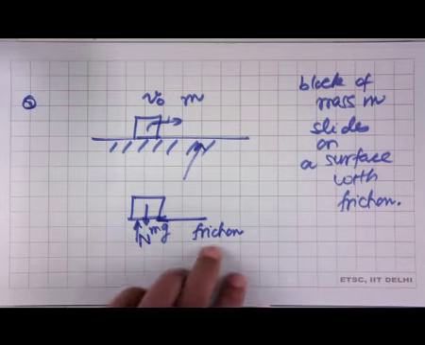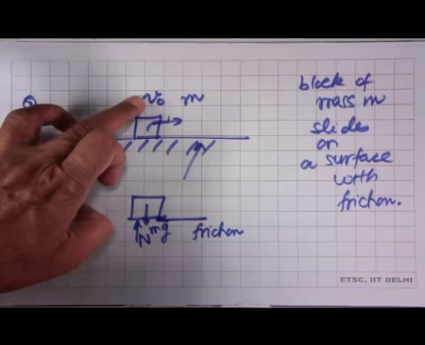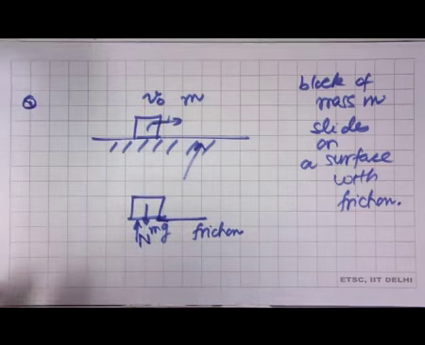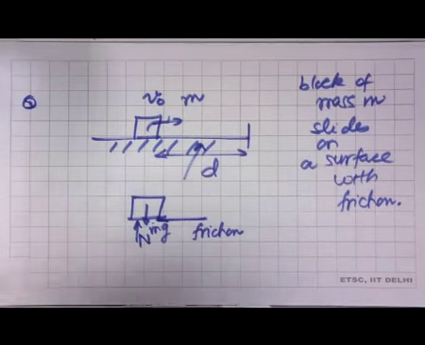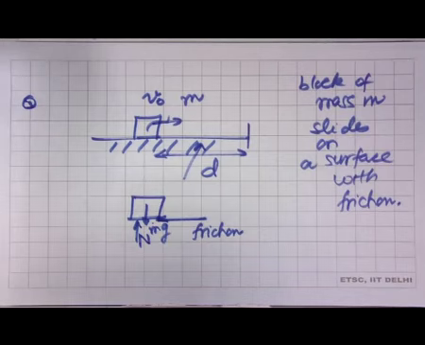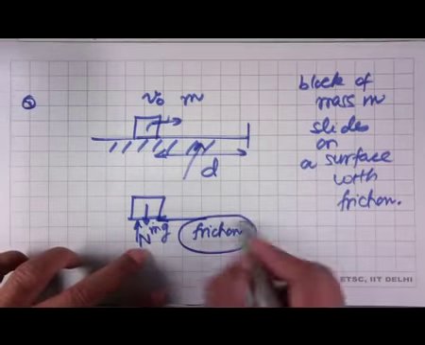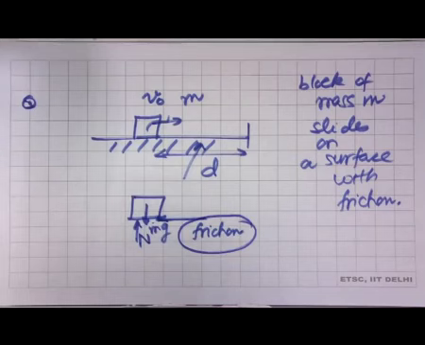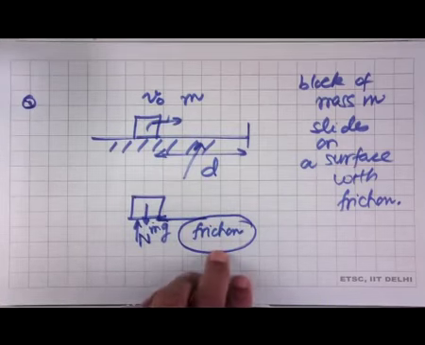Because of this force of friction, the velocity v0 will start going down, and eventually the block will stop, let us say after moving a distance d, and it comes to rest.